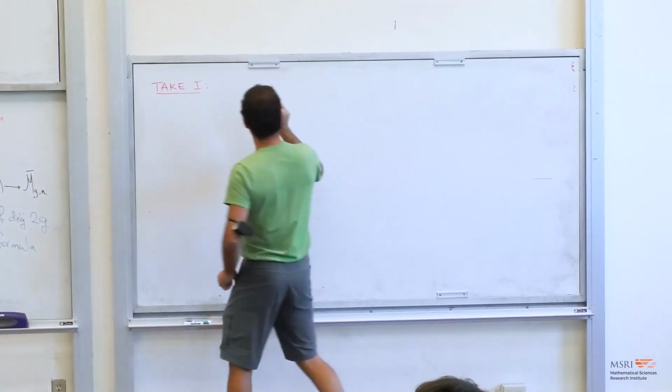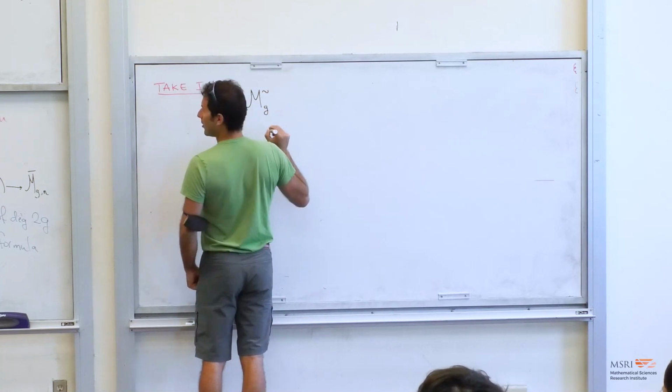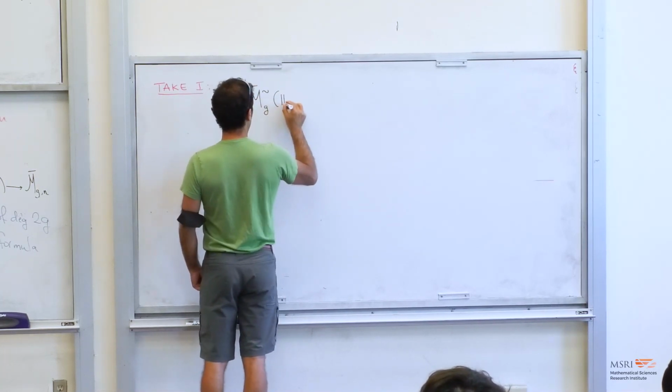Which is, again, there's a tautological diagram that we can exploit, right? So I have my space of rubber relative stable maps.